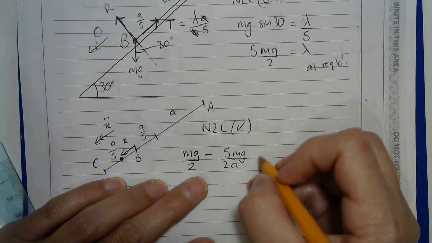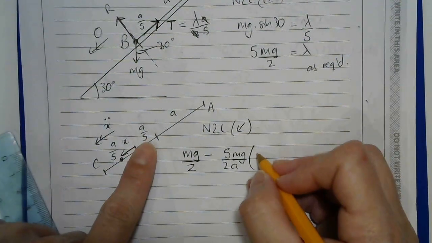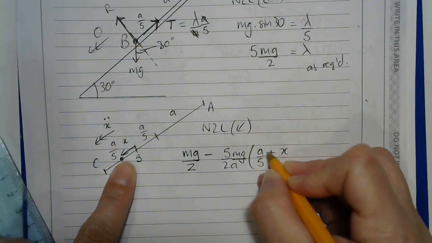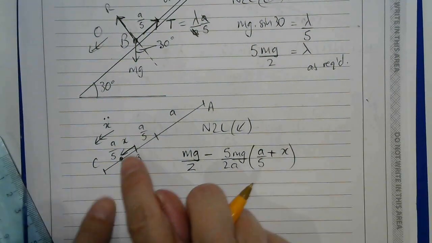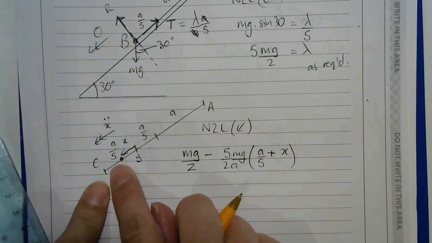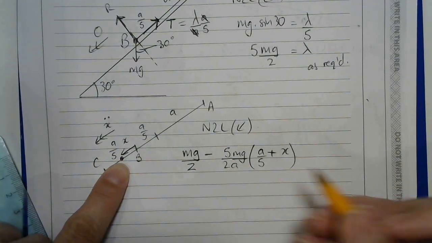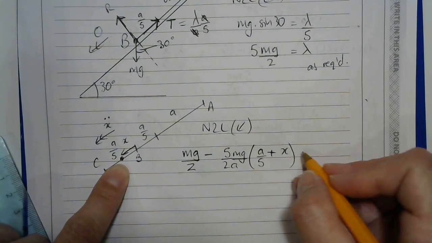Well, the natural length I know is a, and this time the extension is a over 5 plus x. So be careful not to use a over 5 plus a over 5. We just need a general position x here in order to end up with the simple harmonic motion equation.